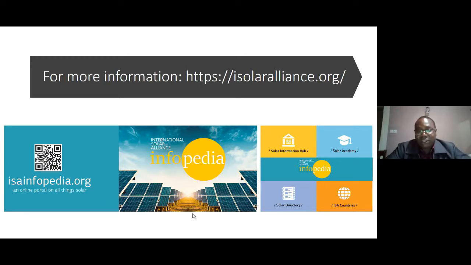Then we have other technologies that are under research, like the PVT, that you are able to use to have a solar PV module combined with the solar heating system.